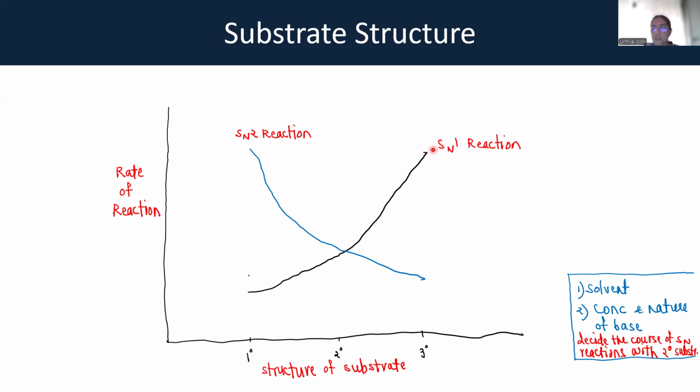So you can see that here is secondary. The secondary alkyl halides don't favor either SN1 reaction or SN2 reaction, and therefore other factors can decide whether secondary alkyl halides are going to follow SN1 course of reaction or SN2 course of reaction.